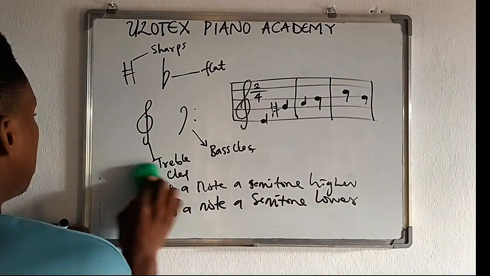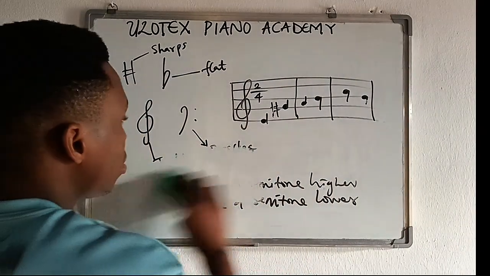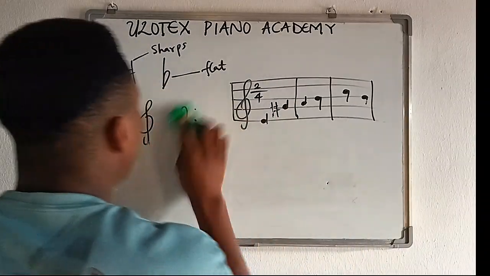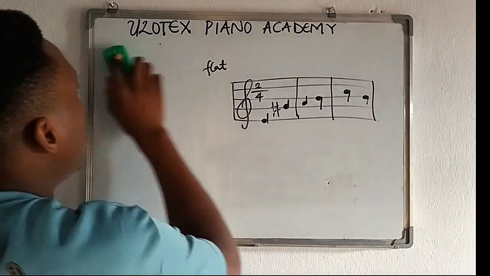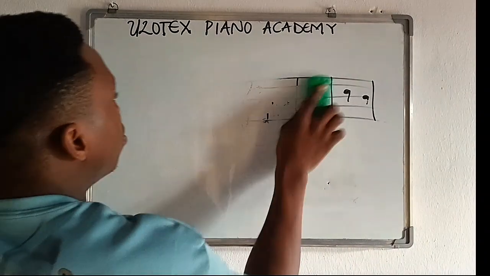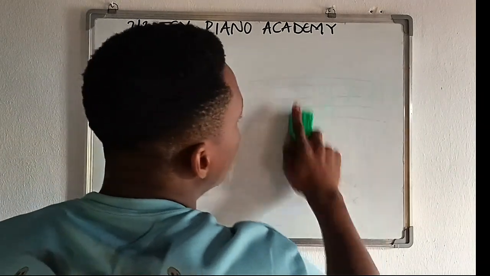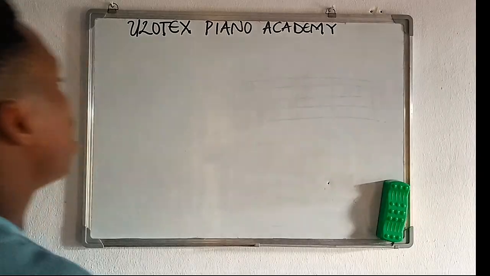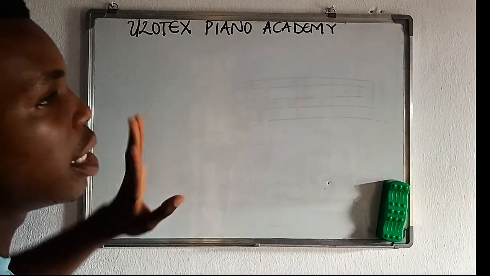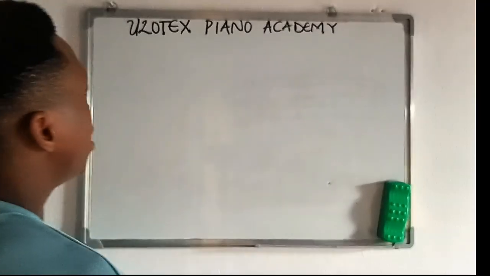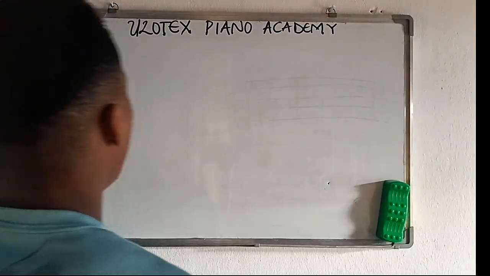Now this leads us to go deeper into knowing how many sharps we have for any key. Now we have understood that key C is a key that is natural. It doesn't have any sharp. Now there is one way I teach this.